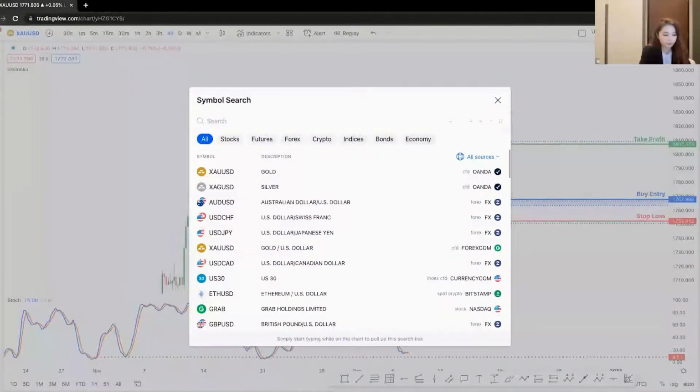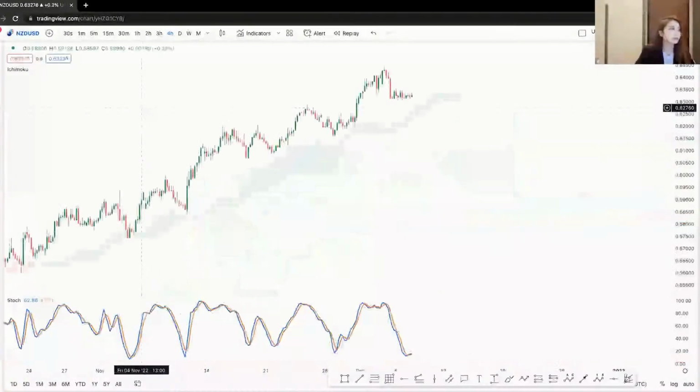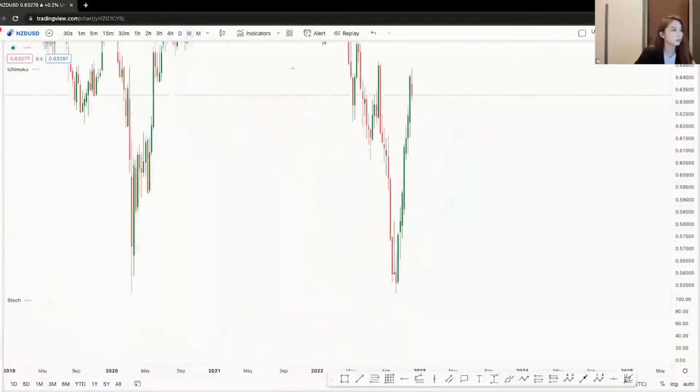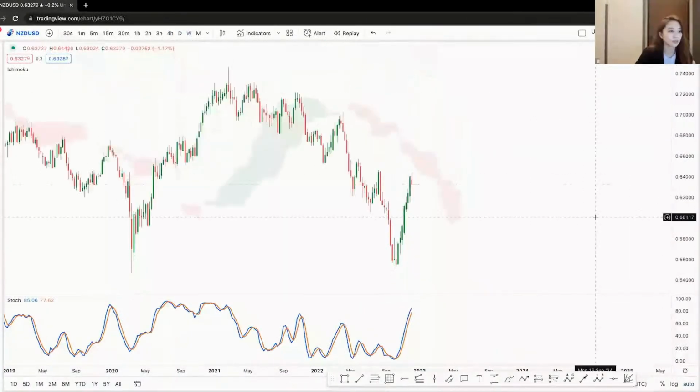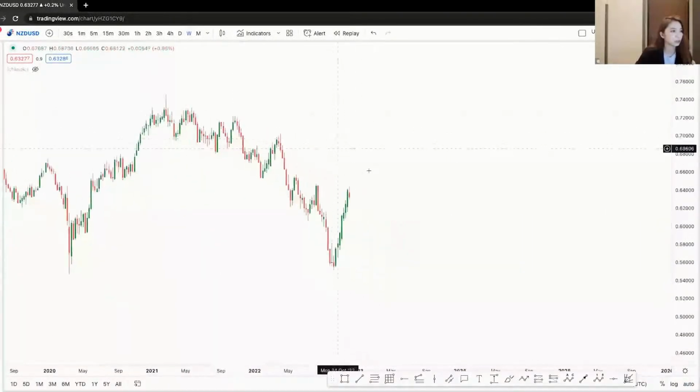Let's do Kiwi dollar. A very nice downtrend on a big time frame. Let's hide Ichimoku for a while.